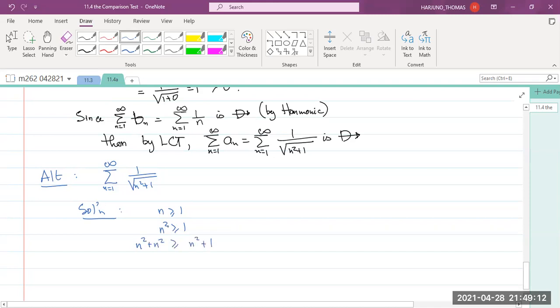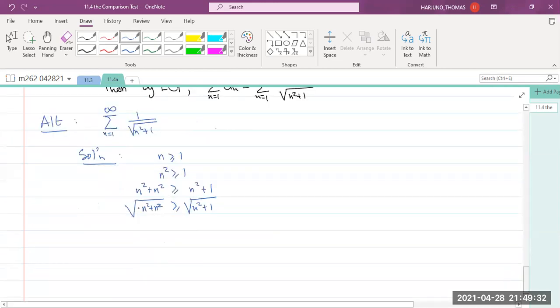Does it make sense? Okay, such that the square root is greater equals to the square root. But then the reciprocal, you reverse the inequality sign. Right? And of course, we maintain that's positive.